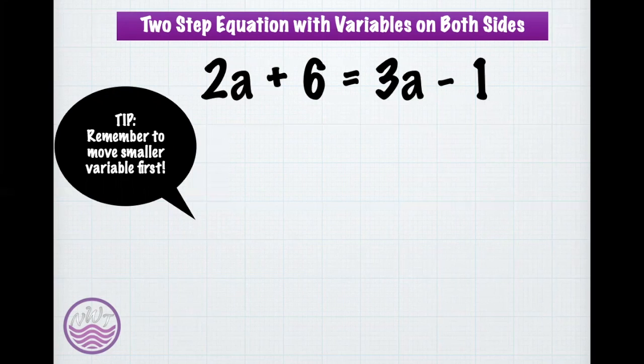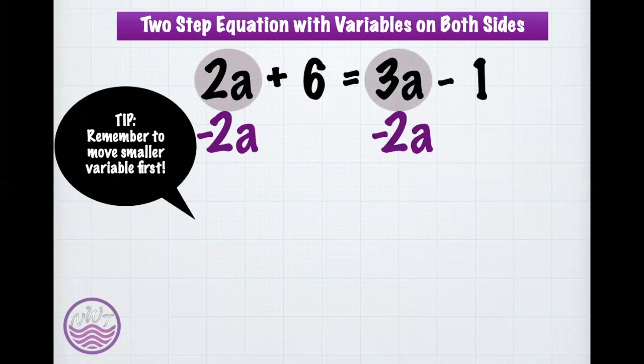So 2a and 3a, I want to get them together. I can't just combine them and say, oh, it's 5a. You can't do that. So I need to move the smaller variable. The smaller variable is 2a, and 2a is positive. So in order to move that, I do the opposite, which is subtract 2a from both sides.